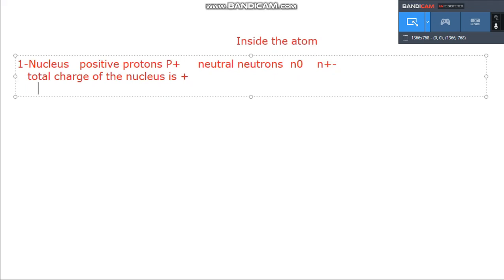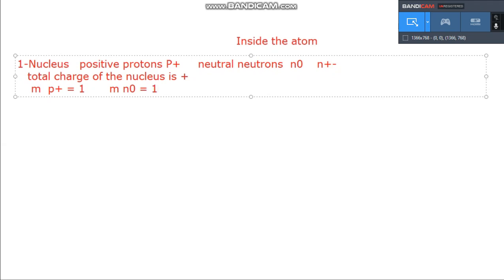The mass of a positive proton equals 1. The mass of a neutral neutron equals also 1.